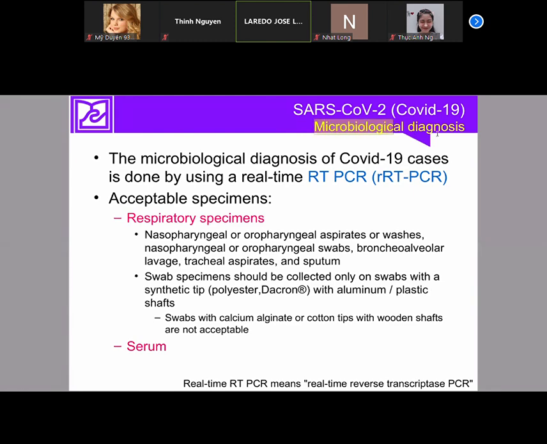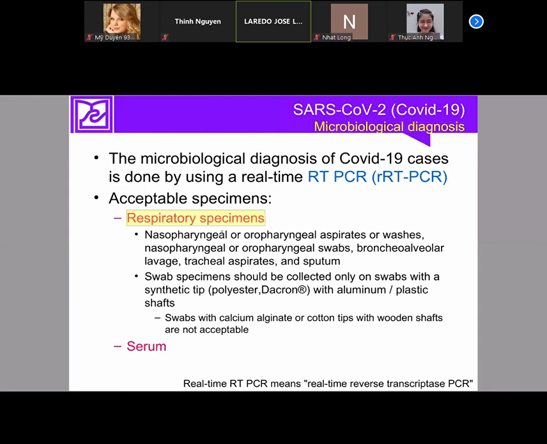Currently, the diagnosis of SARS coronavirus 2 is made at the Laboratory of Microbiology. Currently, the test that we use for the diagnosis this week is the real-time reverse transcription PCR. So we take samples, respiratory samples.